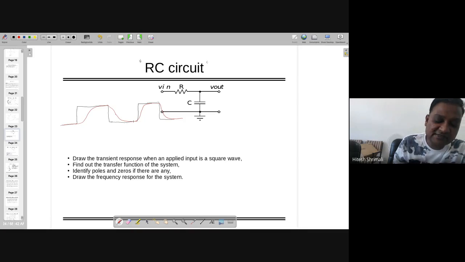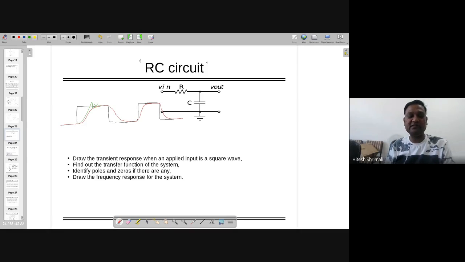I believe people can understand that no output looks like this one. This will not happen ever in this circuit.